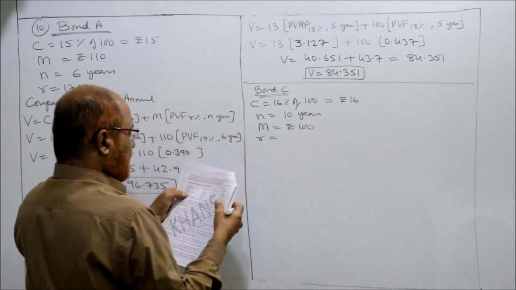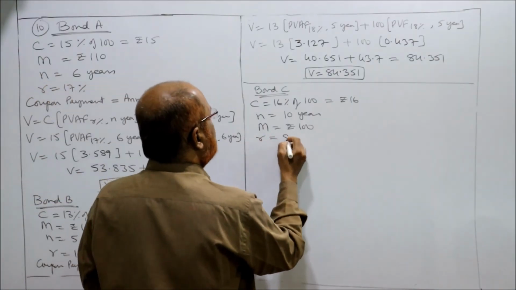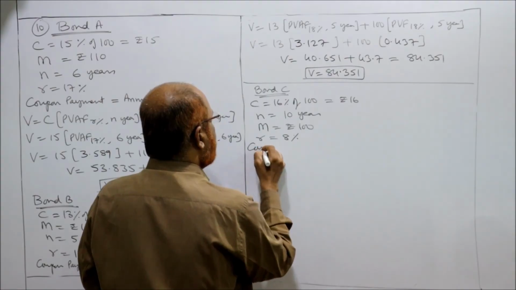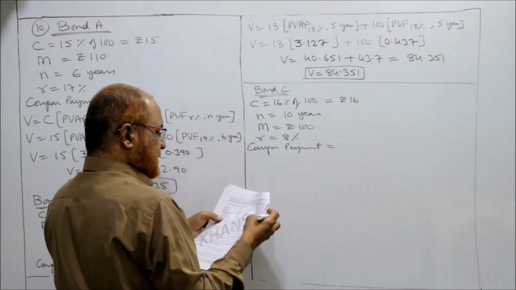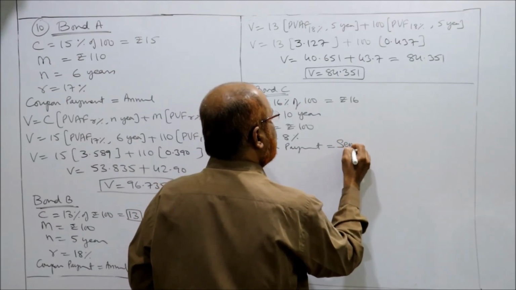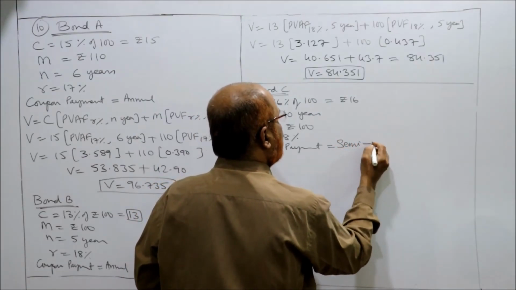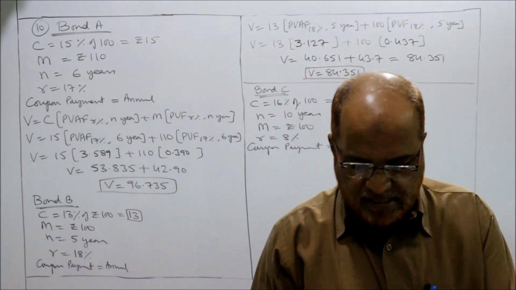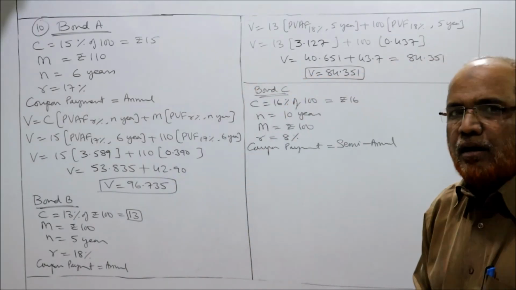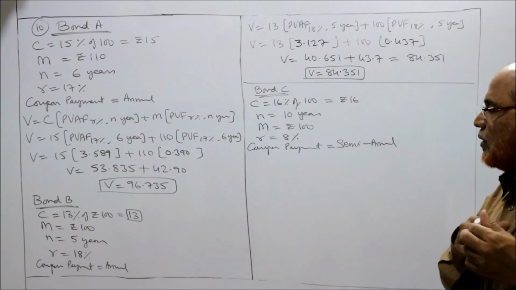R is equal to required rate of return is 8%. Coupon payment is semi-annual. So first A bond and B bond were annual and now it is semi-annual bond.